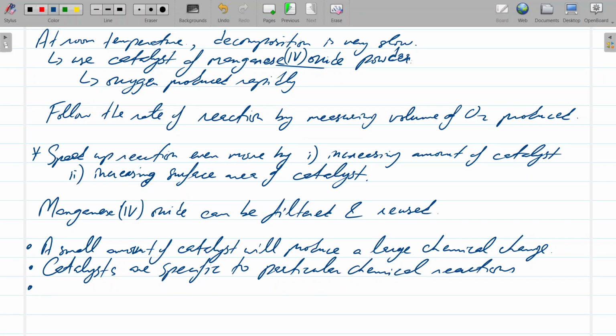And lastly, as I mentioned, catalysts remain unchanged chemically, but they can be affected physically. So the manganese(IV) oxide is not going to react and make a hydroxide or any other salt. It's going to stay as an oxide.